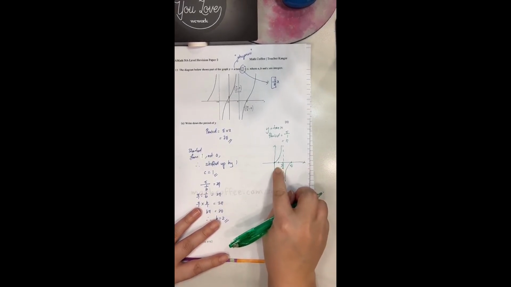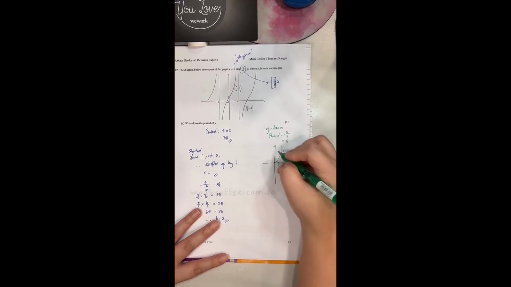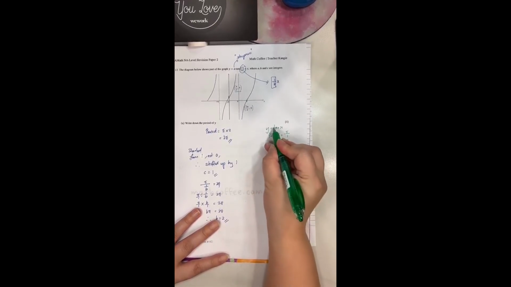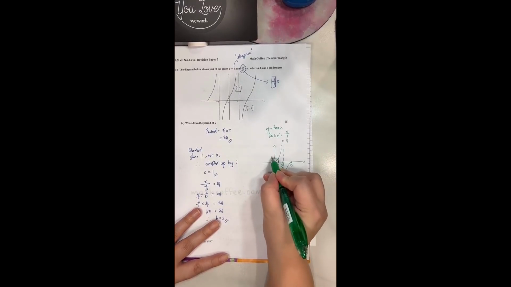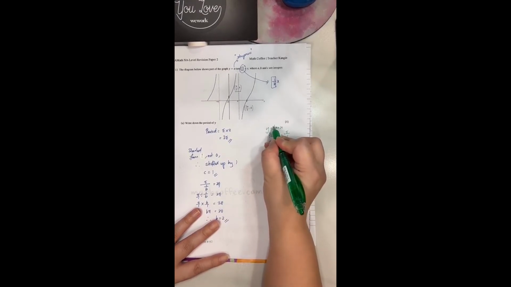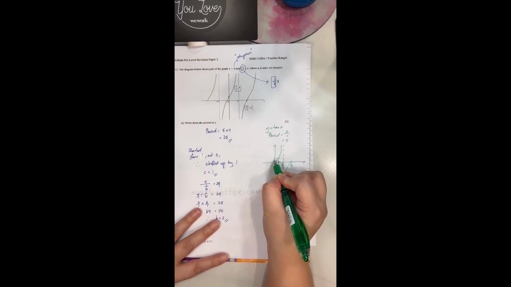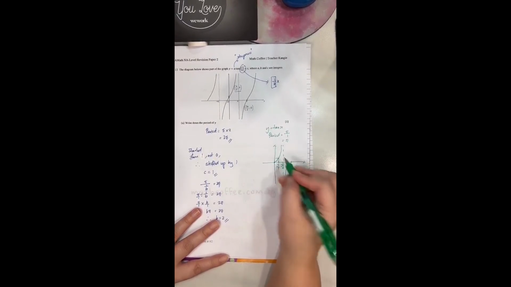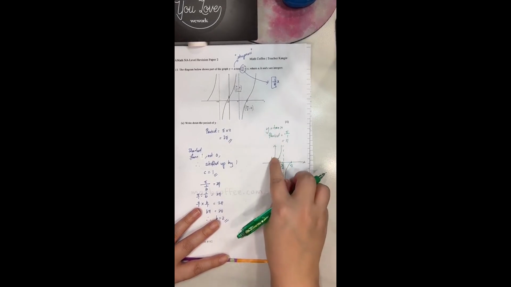So pi over 2 divided by 2 again, so this will be pi over 4. And we will draw dot, dot, dot, dot, up. If the number in front here is 1, I will put a 1 here. If the number here is 2, I will just put a 2 here. This simply shows the steepness of your graph. In this case it's 1.